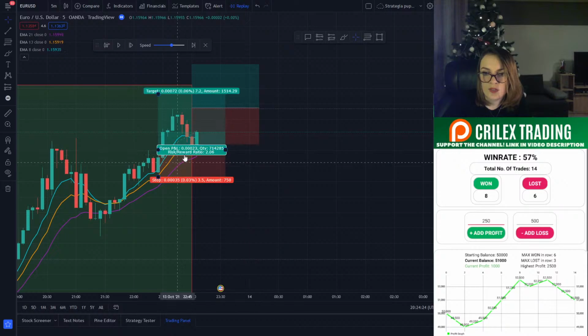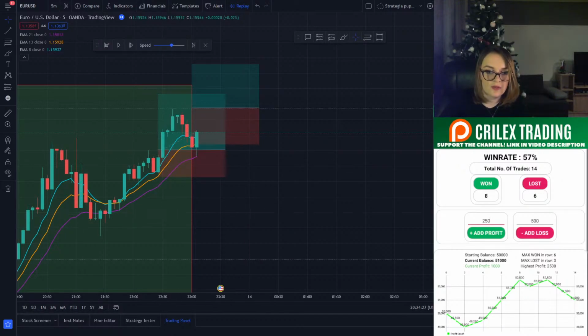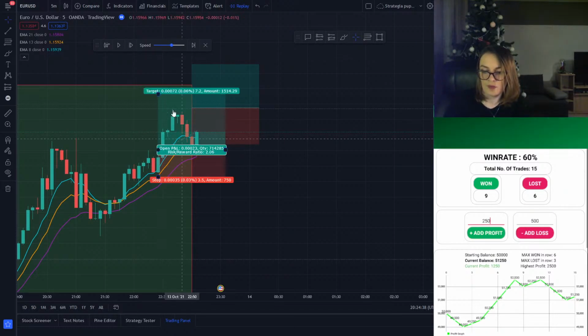Actually, the first position was closed at break-even, so I'm going to add the break-even here and the market also in Excel sheet. Okay, and in the second position, we actually are not triggered yet.